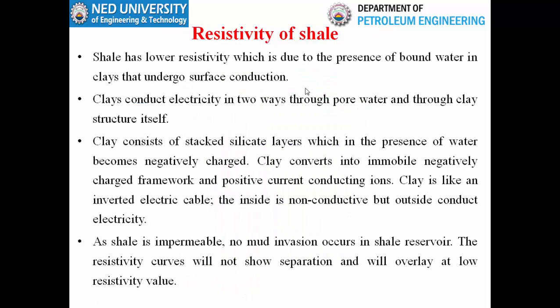We have seen that we can identify shale through the gamma ray log. So now we can also identify the shale zone through the resistivity log. When you have high gamma ray, positive separation on the density neutron response, and low resistivity, meaning all three curves are overlapping at a low resistivity value, when you have all these signs and log responses, the zone is most likely a shale zone.